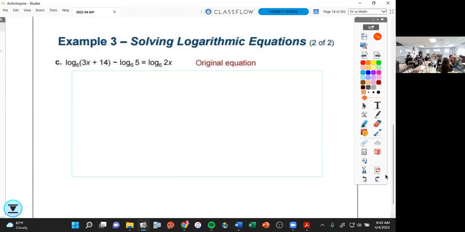Yes. Can we rewrite the left side as a single log statement? Can't distribute. Cannot distribute a log. It'd be 3x plus 14 minus 5. How do I combine these? I can combine the left side to one log statement.